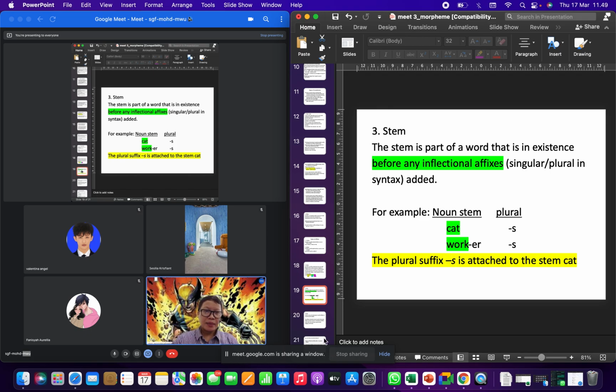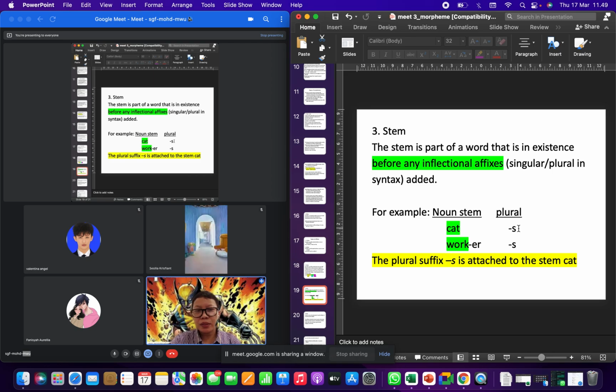Now let's see here. I have the example. My stems are nouns, and the morpheme is cat. And then I put the affix s. There is an inflectional affix occurring here because the stem is a noun, and whenever it has the process, it becomes plural because I put the s, it's still a noun.